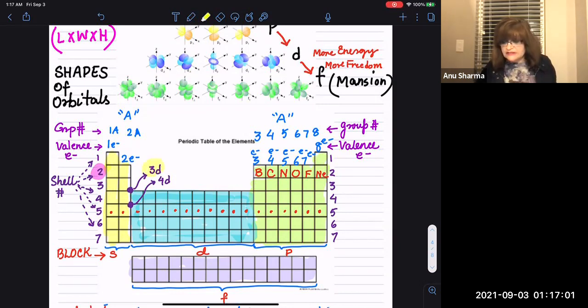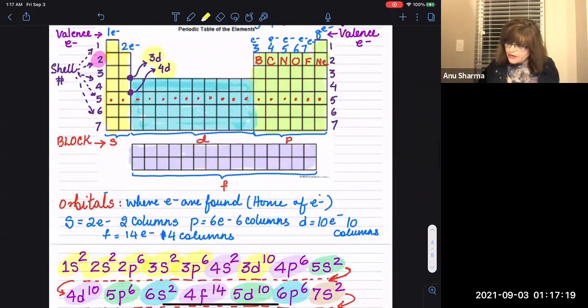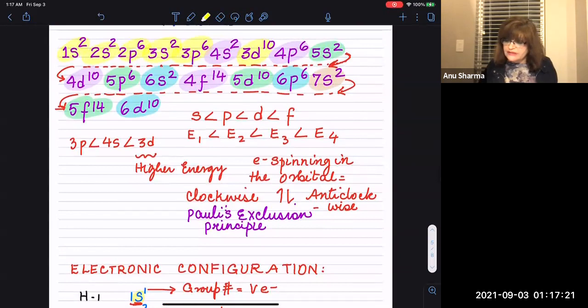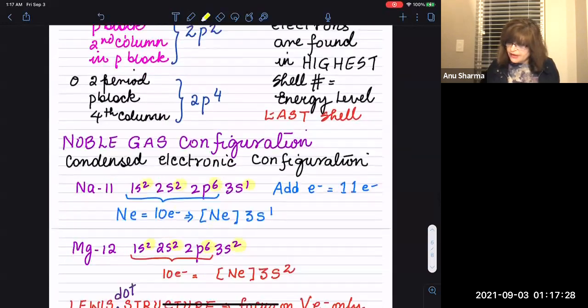The D blocks start with the 3D, though officially this is the 4th row. And the 5th row, once it hits the D block, the transition elements, it's the 4D. It starts with 4D, okay? So that's one piece you can do. Another thing you can do is you can just simply follow this linear pattern as you see on the screen, if that works for you, okay?